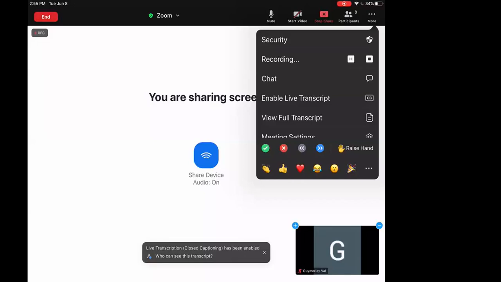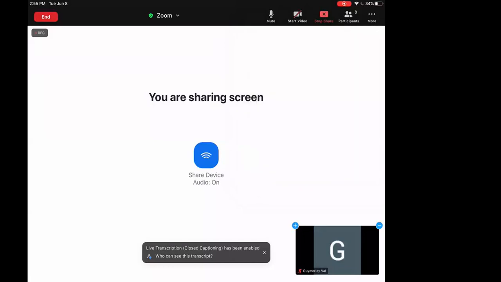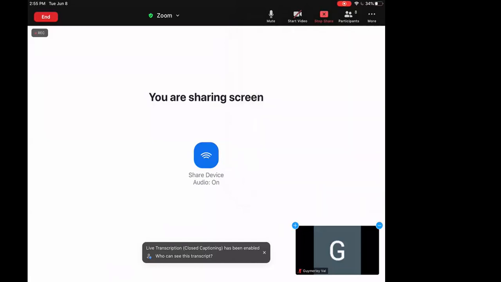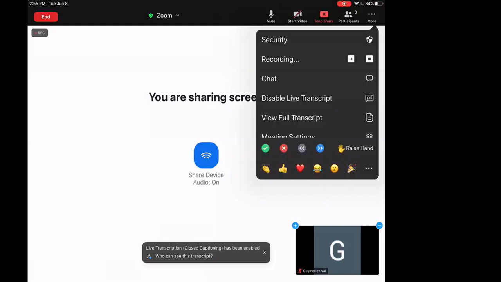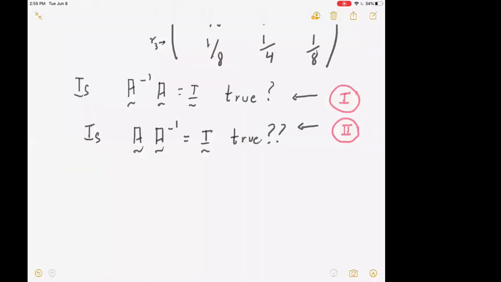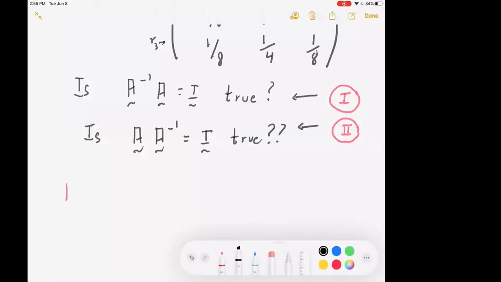Okay. So let's resume where we left off last time. So we have a matrix A that we claim we know its inverse of.